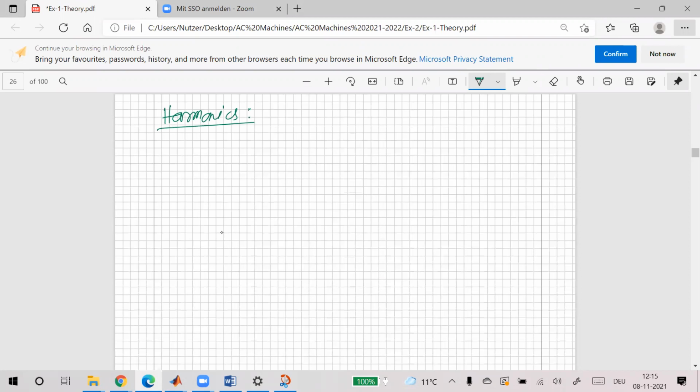So what are the sources of harmonics in the electrical system? The very basic thing is your switching.